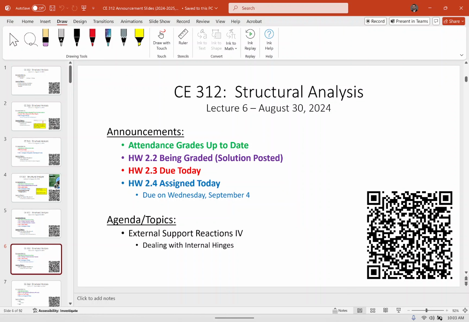Today is our last lecture purely devoted to support reactions. To be clear, we're going to be solving support reactions throughout this semester, so that's inherently true. But this is our last lecture devoted solely to exploring how to compute support reactions.